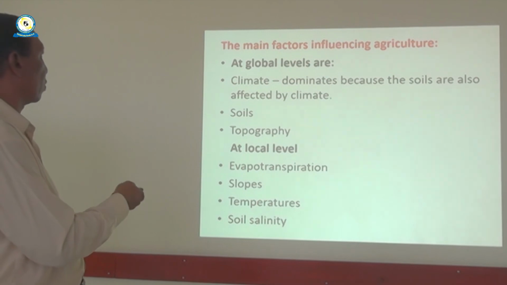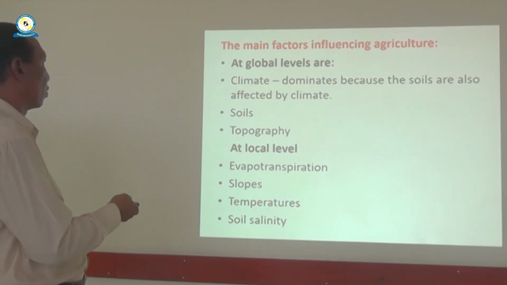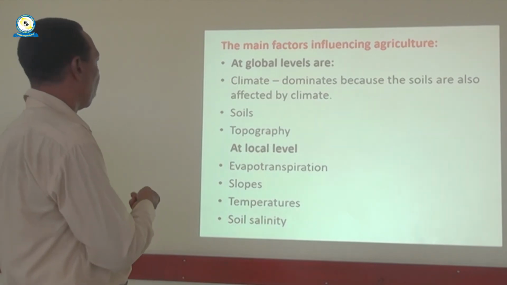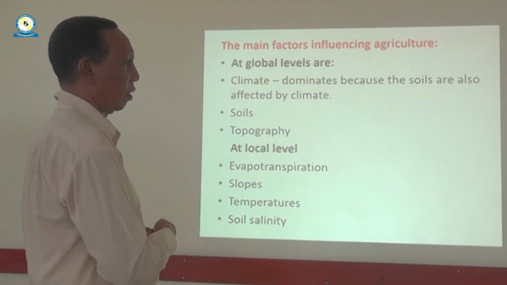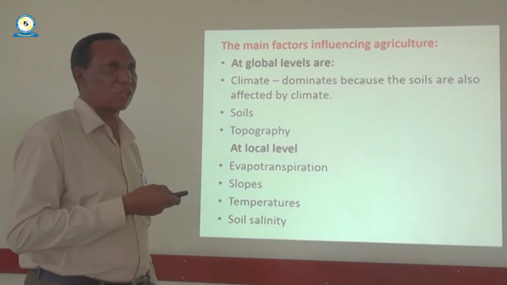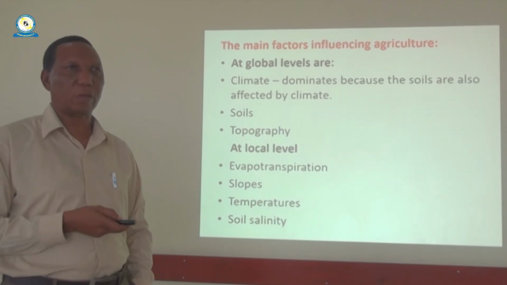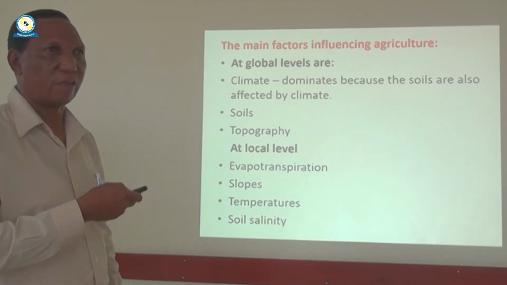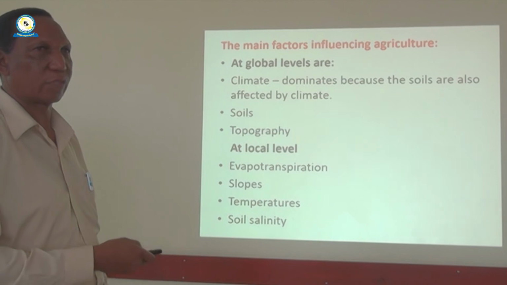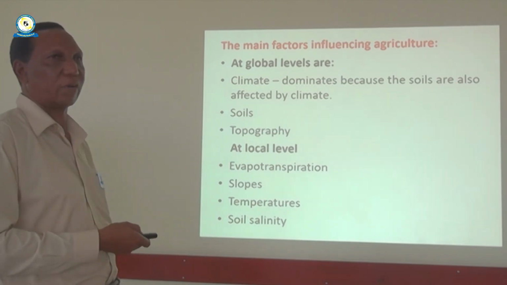The main factor influencing agriculture will be climate. It dominates because the soils are also affected by climate. Climate cannot thrive without soil. These are two legs of the same body. So they influence the type of crops that can be grown and of course the type of agricultural region.